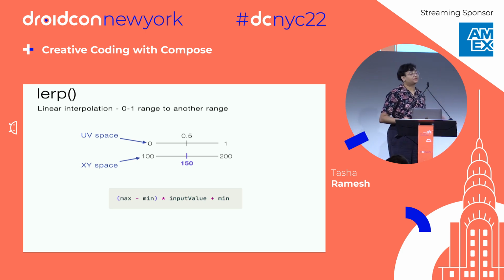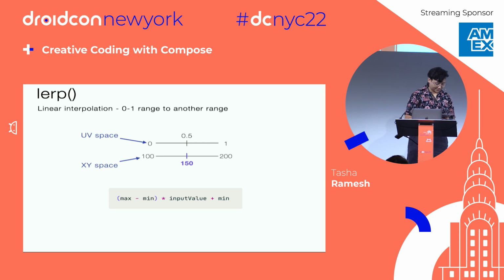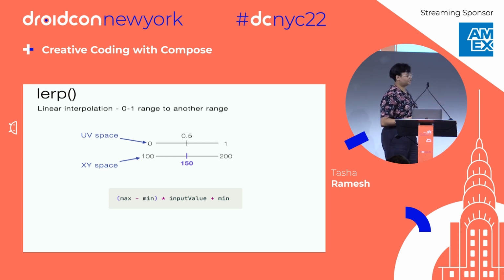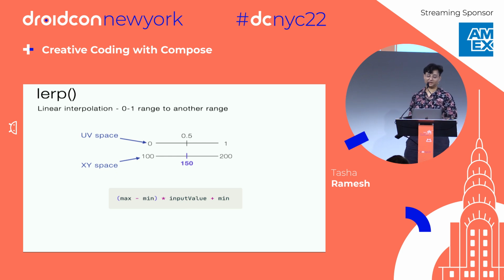In order to convert something that falls within a 0 to 1 range into a completely different range, we have to talk about linear interpolation, or LERP as it is commonly known. This function is just for converting values that fall within 0 to 1 and converting them to fall within a different range that you can specify.